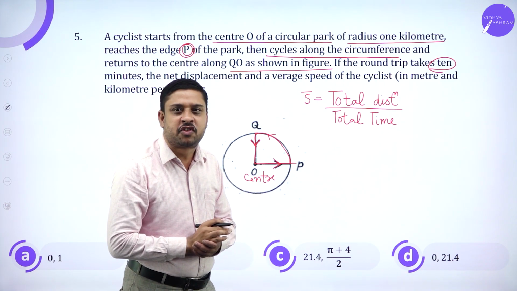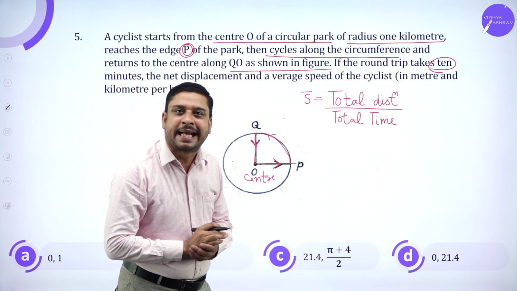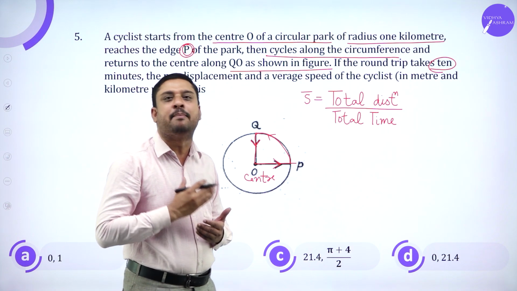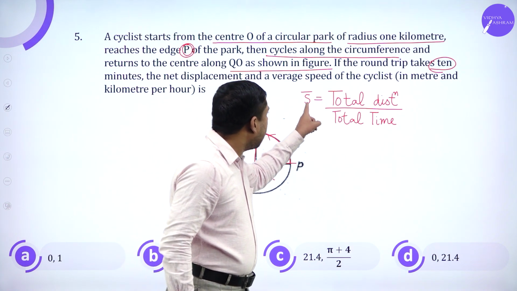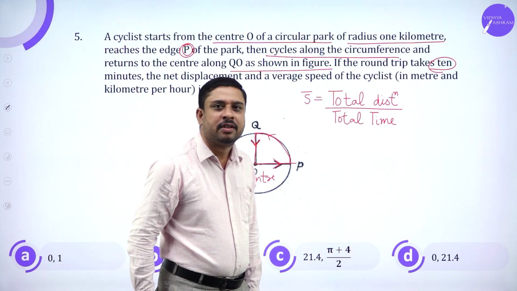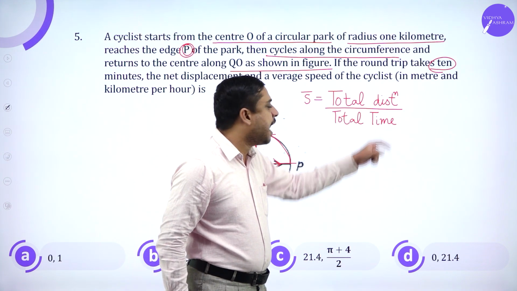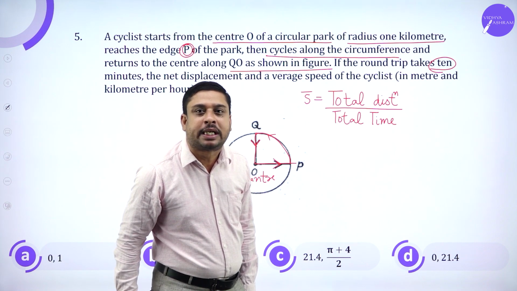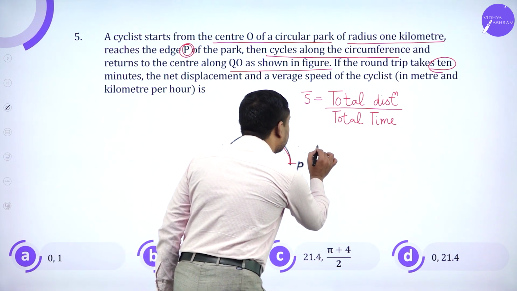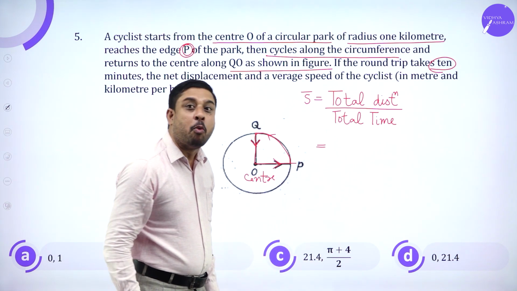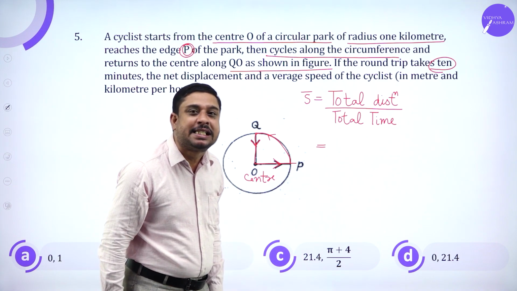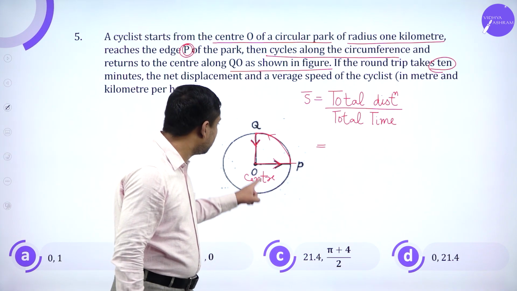Right? You have studied in elementary mechanics, average speed is total distance divided by total time. Now, what is the total distance traveled?